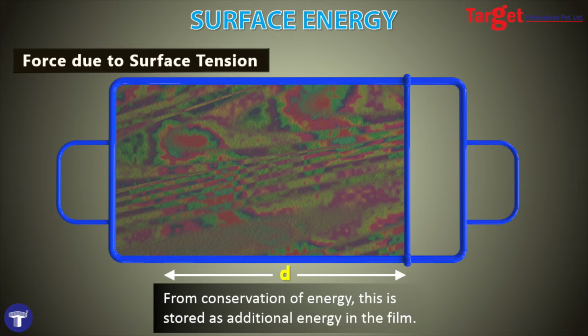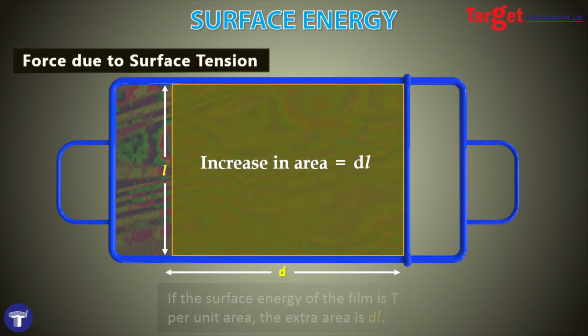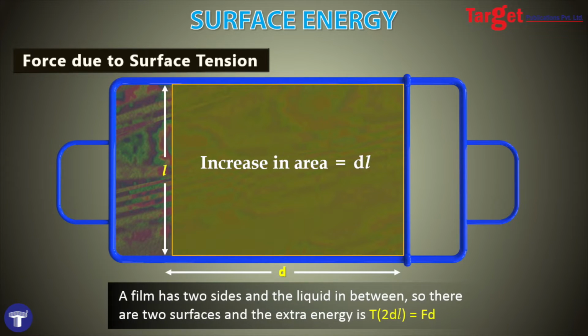From the conservation of energy, this is stored as additional energy in the film as mentioned. If the magnitude of surface energy is given as T per unit area and the extra area by which the surface was increased is 2dL, then the extra energy stored in the film is simply T multiplied by 2dL. But this energy is exactly equal to the work done and is therefore given as F into d.